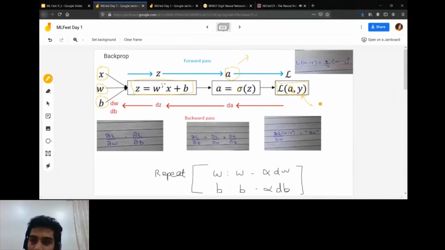There are a lot of loss functions, but for our understanding, the loss function we are going to use here is the predicted output minus the expected output, squared. So this is our loss.